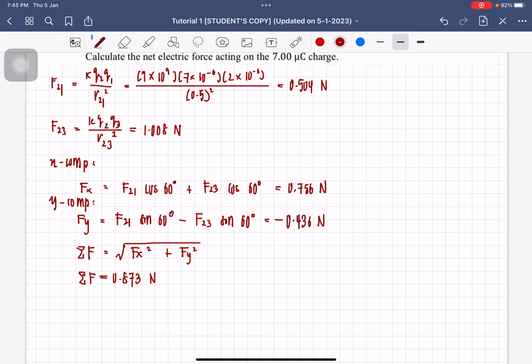Okay. All right. So after calculating the magnitude, remember you have to always determine the direction as well, because force is a vector and it will always have its direction. Okay, so there's a modulus there, so we are going to ignore the negative, but basically the negative will be telling us whether it's going to be above or below the positive x-axis.